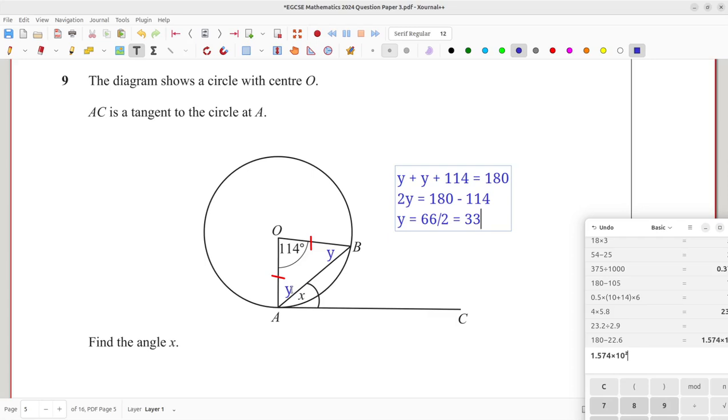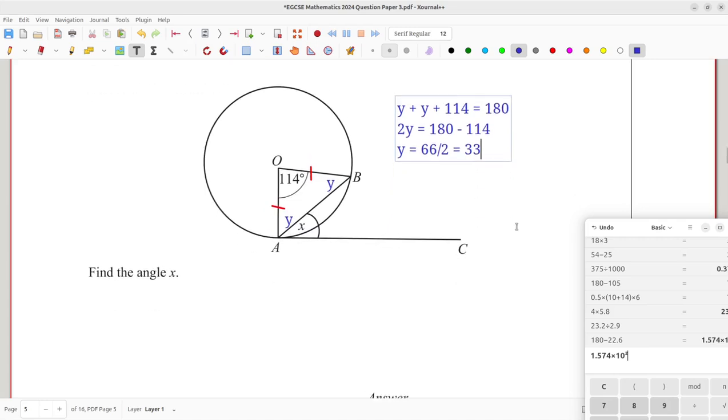Then what is x? What we should know is that angle OAB is 90 degrees, because that's where a tangent meets the radius.